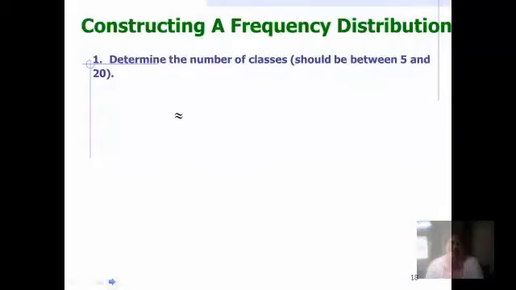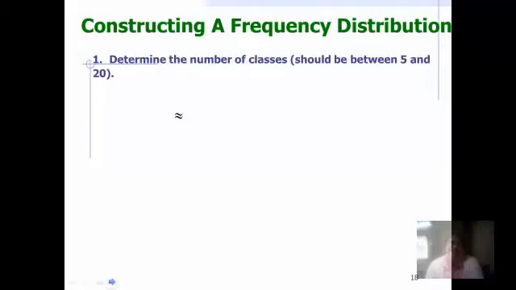Now, when we're going to do a frequency distribution, we want to determine the number of classes, and it should be somewhere between 5 and 20. Now, how do we do that? Well, sometimes you just decide.